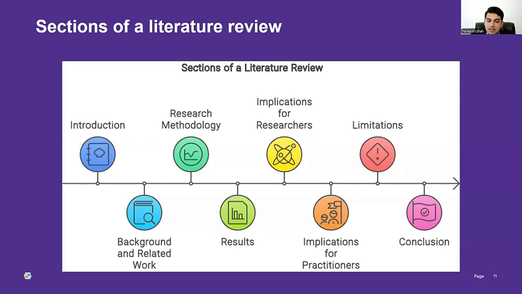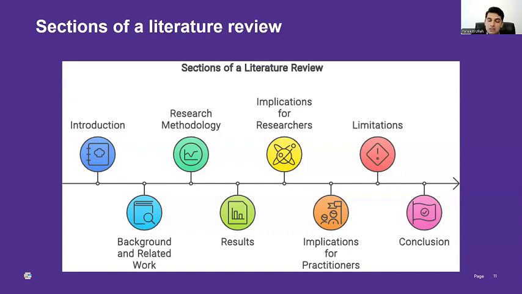The second section is background and related work. Background is important, particularly if I'm reading a paper that is not directly in my domain. I like that in the background section, authors give the basic information: in order to understand this paper, these are the terms and concepts that you need to understand. And the related work section is very important.